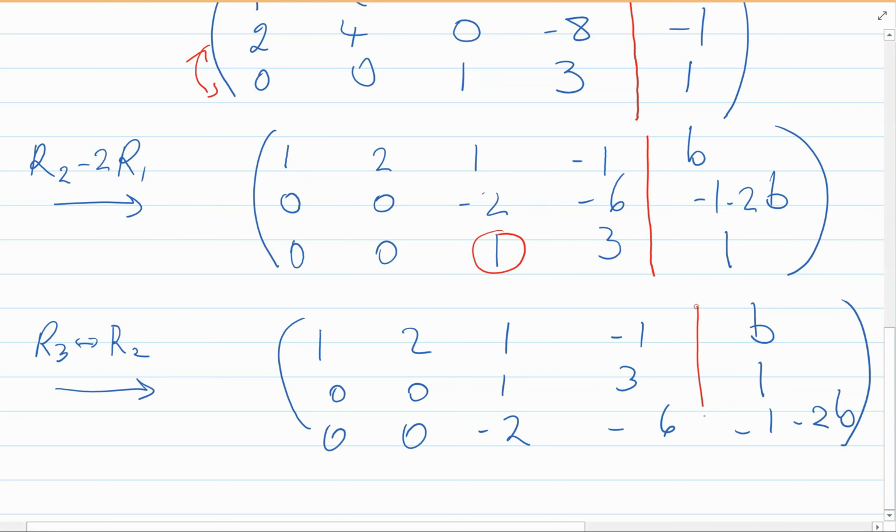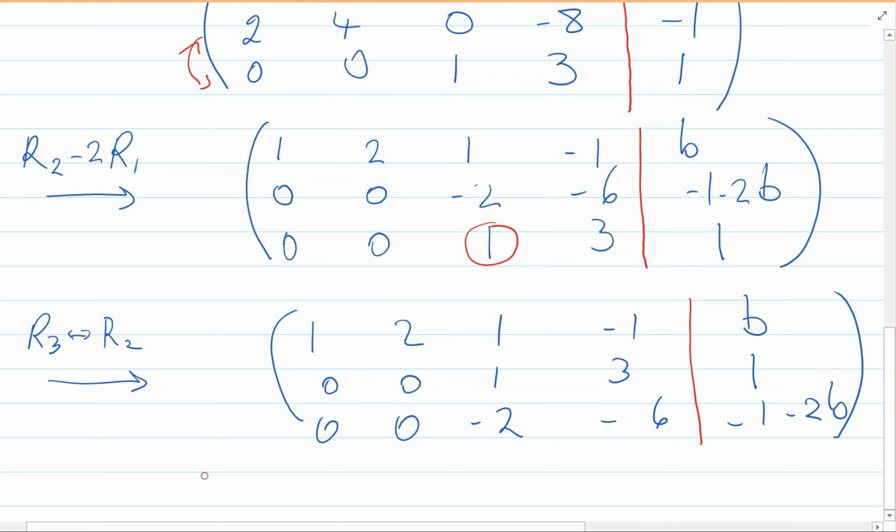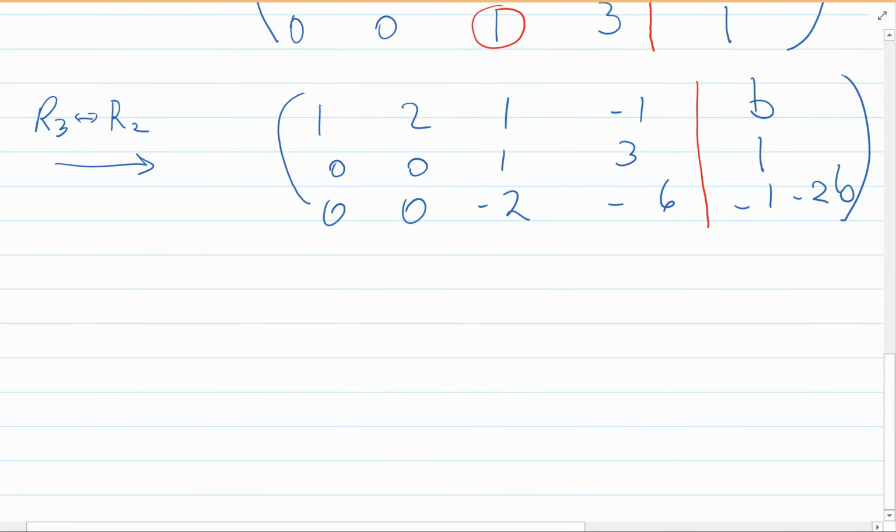Okay, so now we are almost there in terms of row echelon form, except that we have this minus 2 to get rid of, because the leading coefficient is 1 and under it should be 0 to have the row echelon form. So let's do it, and we're going to do R3 plus 2 R2.